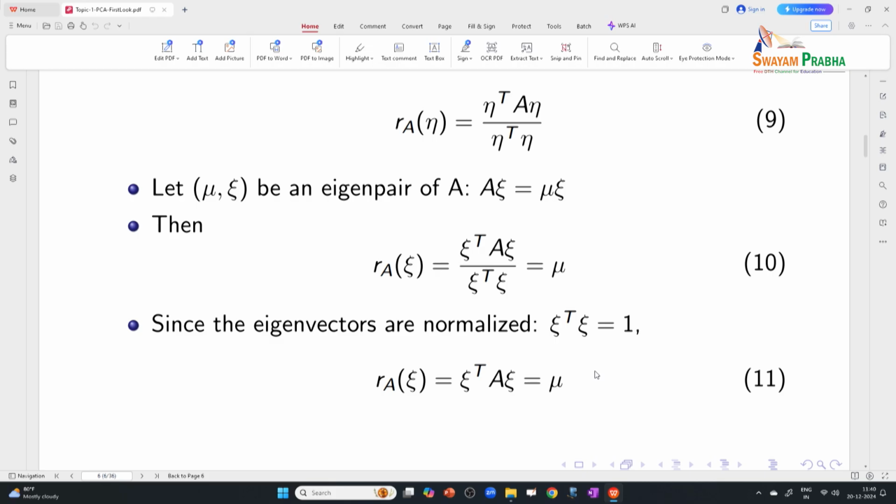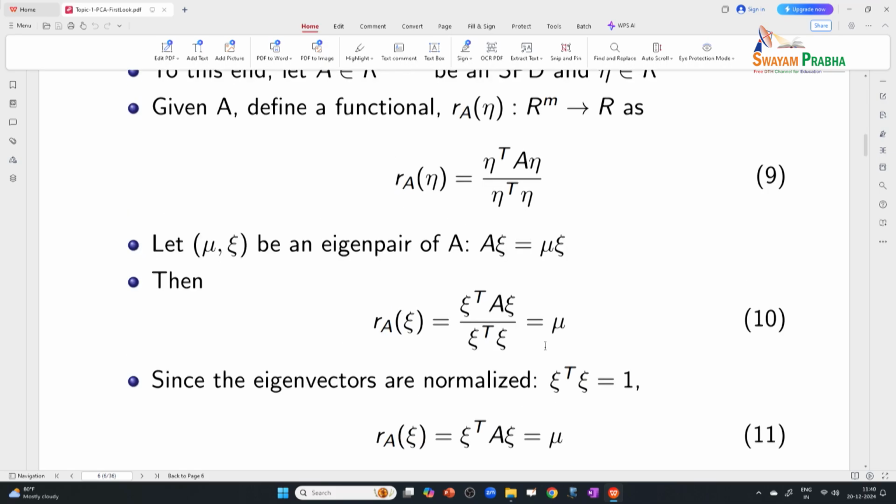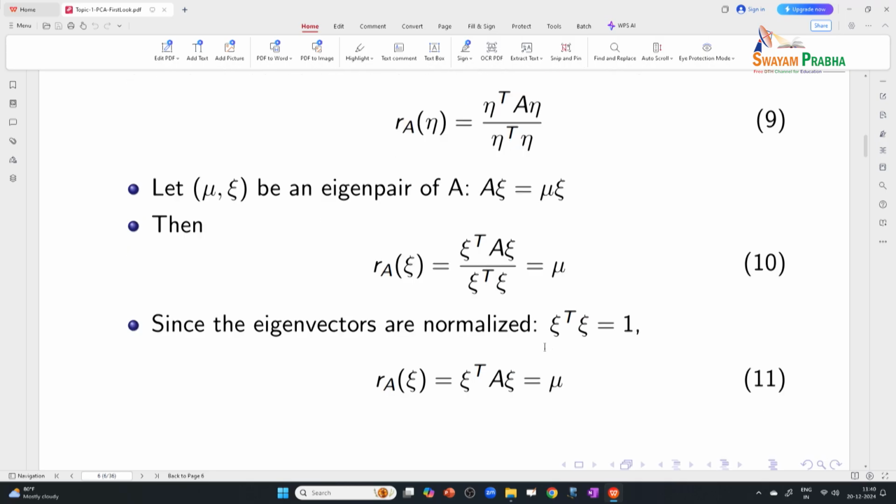That means a Rayleigh coefficient as defined by 9, when you apply that to the eigenvalue eigenvector pair, the value of the Rayleigh coefficient coincides with the eigenvalue. That's equation 10. So I would like to emphasize some of the things. I would like to define a new functional called the Rayleigh coefficient. I defined the Rayleigh coefficient in general form in 9. Now I am going to talk about a specific type of Rayleigh coefficient with respect to the vectors which are eigenvectors and eigenvalues.